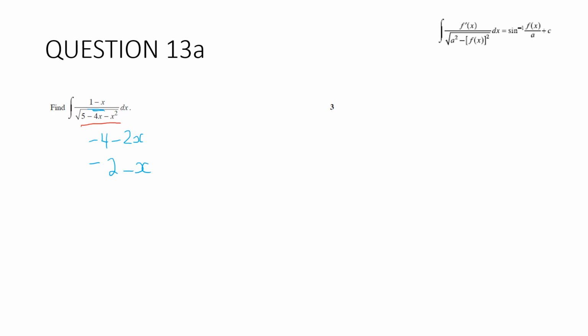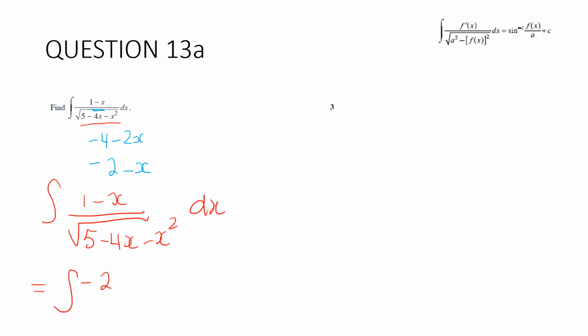So let's start: 1 minus x all over the square root of 5 minus 4x minus x squared dx. And let's make this, so we want negative 2 take x. Now let's adjust that so we haven't changed anything, all over square root of 5 minus 4x minus x squared dx.